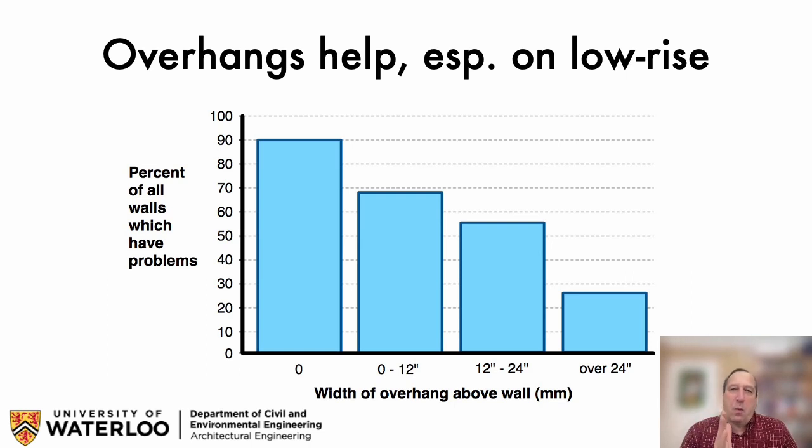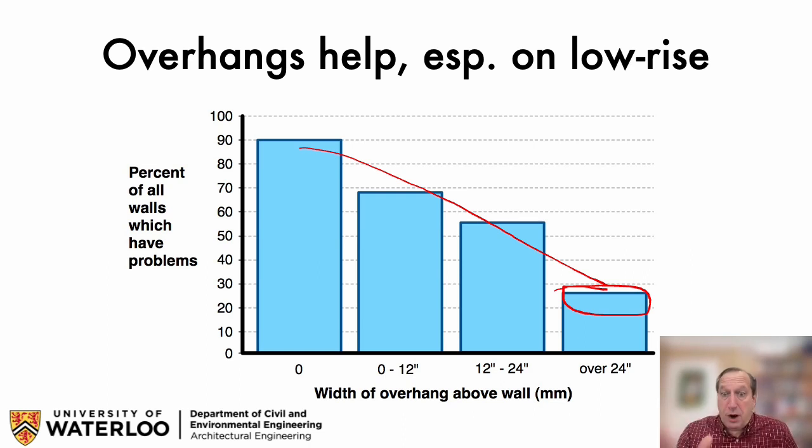They took the data and broke it down to say what percentage of the walls they looked at had a problem as a function of the size of the overhang. You can see it was a pretty strong correlation: with no overhang, 90% of them had a problem. But at 24 inches or more, which is 600 millimeters plus of overhang, 25% still had problems.